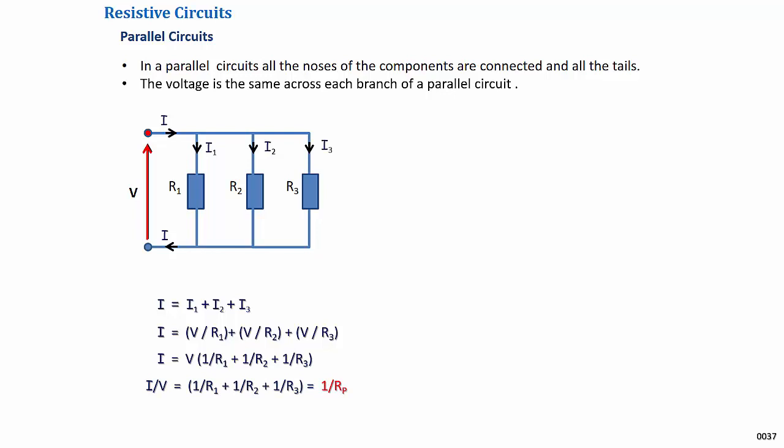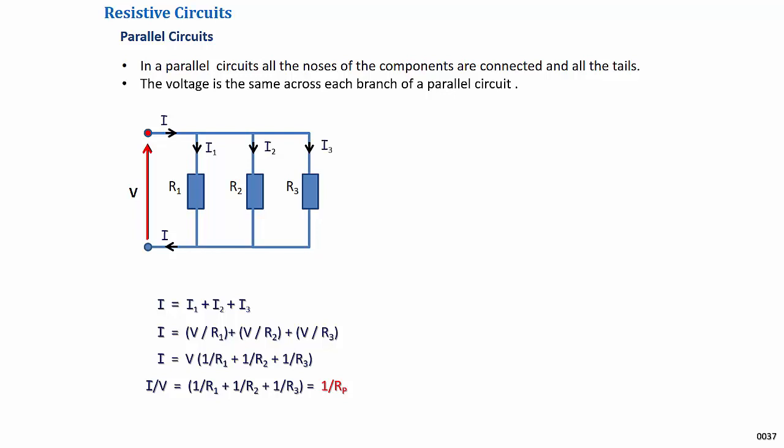Dividing through by V, I divided by V equals 1 divided by R1 plus 1 divided by R2 plus 1 divided by R3. Since I is the total circuit current and V is the total circuit voltage, then by definition this must equal not the total circuit resistance Rp, but 1 over Rp, termed the reciprocal of Rp.